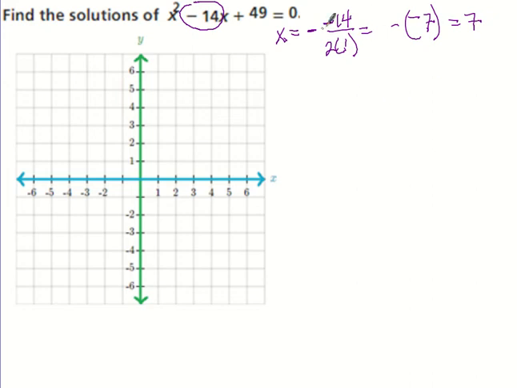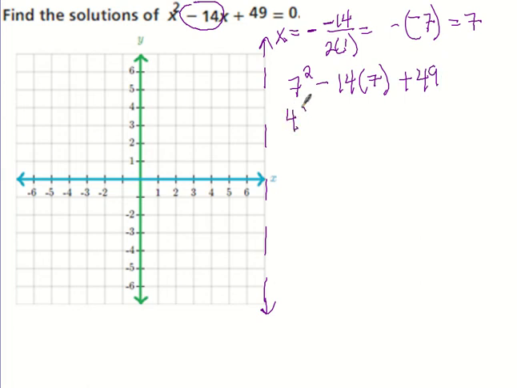So this is that double negative that some of you guys had an issue with on your quiz that we just took. So there's my axis of symmetry, right here. And we're going to find our vertex. So I'm going to plug in 7. I'm going to go 7 squared minus 14 times 7 plus 49.